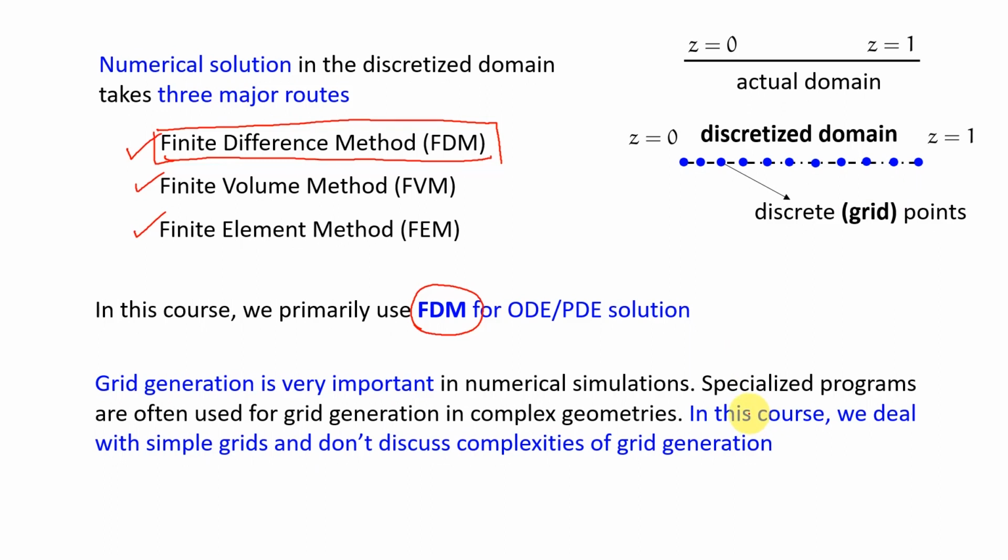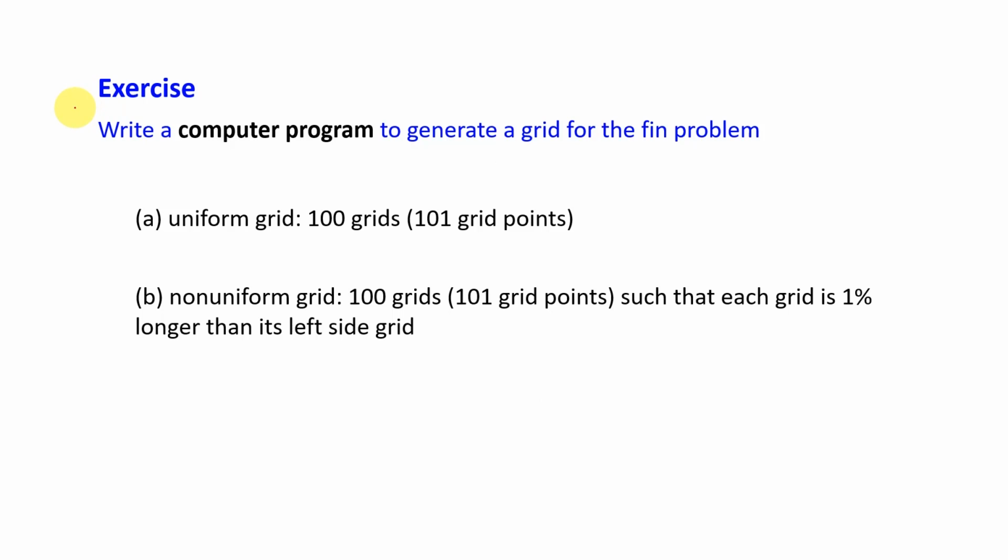Here, because we are using very simple grids, the complexities of grid generation are not discussed, but there are other courses where grid generation is discussed, and if you are interested, you can take some of those courses.